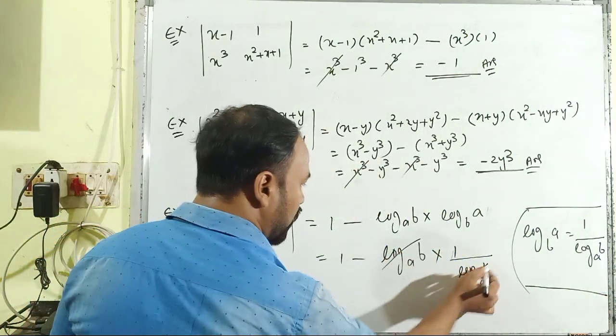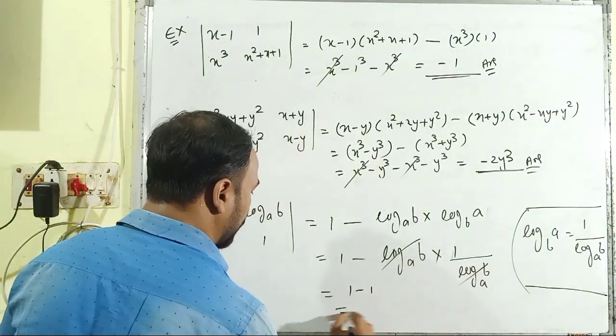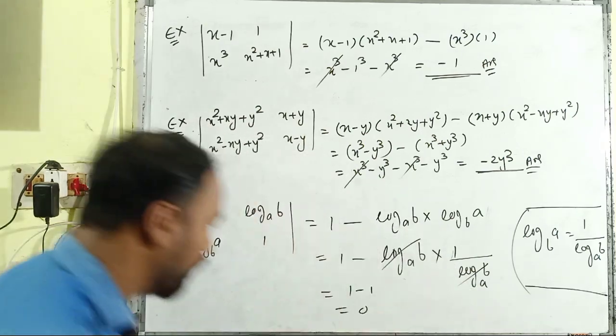So cancelling both of these, we have 1 minus 1 is equal to 0.